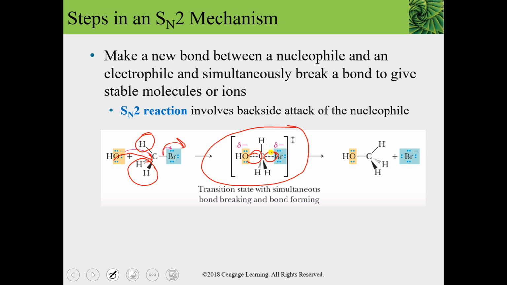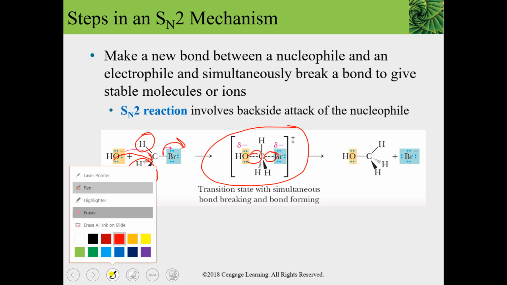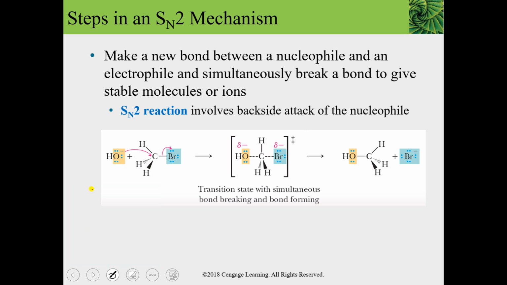And in the end, we're going to get the hydroxyl group that will go ahead and attach, and we will get the bromine group, which will be off and substituted out. You'll note in the reactant side the stereochemistry of these hydrogens and how they switch when the hydroxyl group comes in.